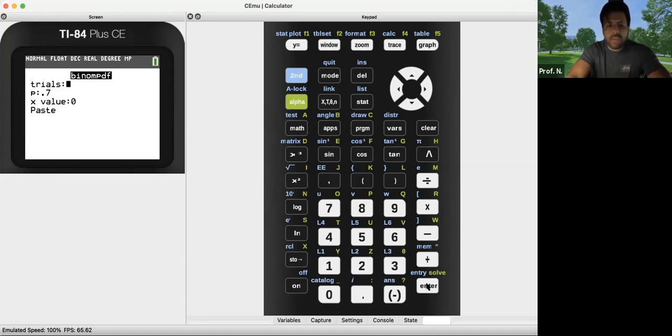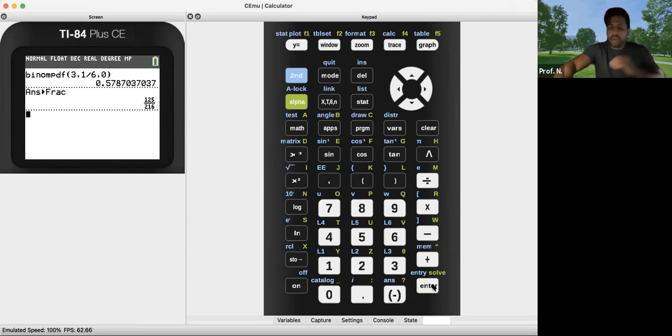It tells me the trials, I have 3 trials. The probability is 1/6. And the x value, for now, I'm just going to plug in 0 and see what that gives me. And let me see if I can convert this into a fraction just to help out. Okay, so the probability of this is 125 over 216.